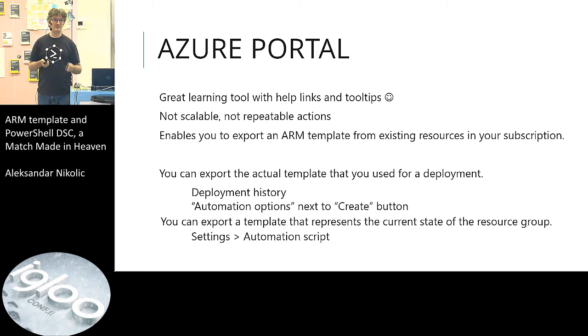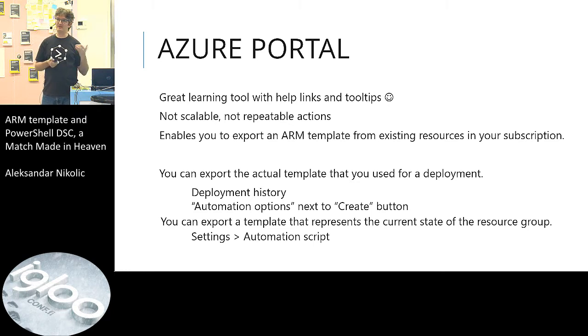If you export the template that represents the current state of your resource group, you will get a template that will have a lot of hard-coded values in it, probably not as many parameters as you used during the creation. So that template is a little bit different than the one that you originally used.